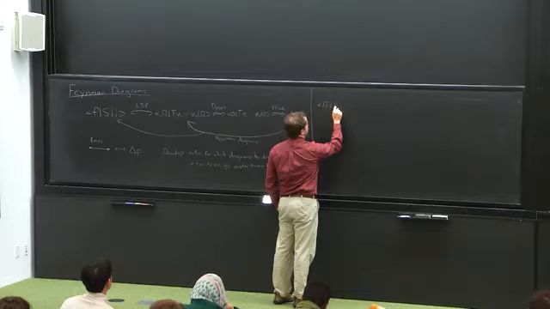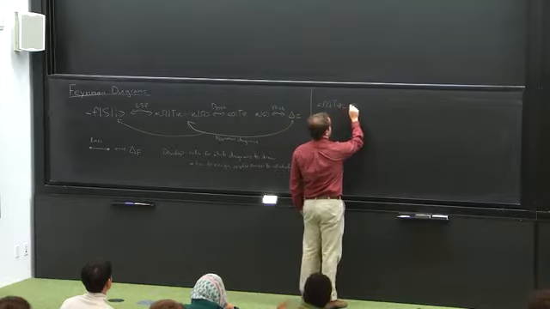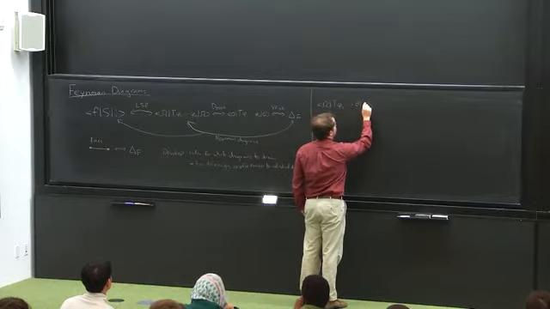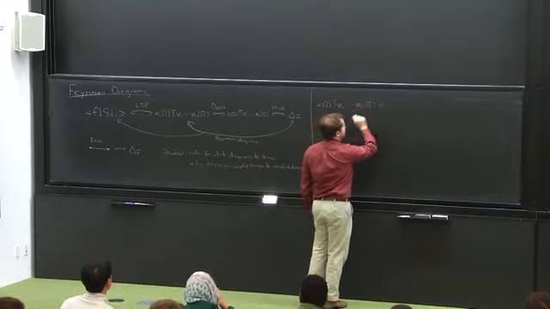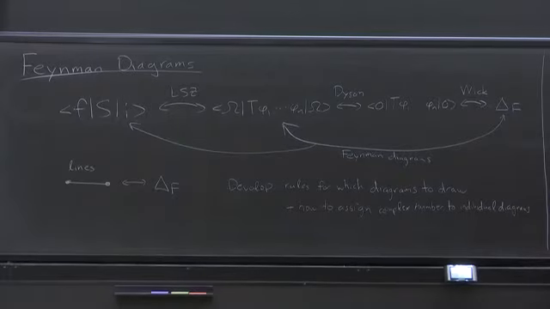We know that a correlation function can be written in the interaction picture using Dyson's formula.